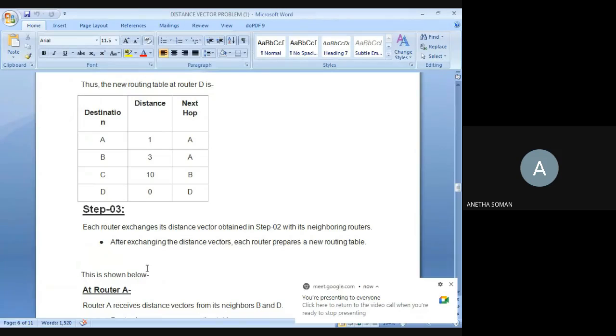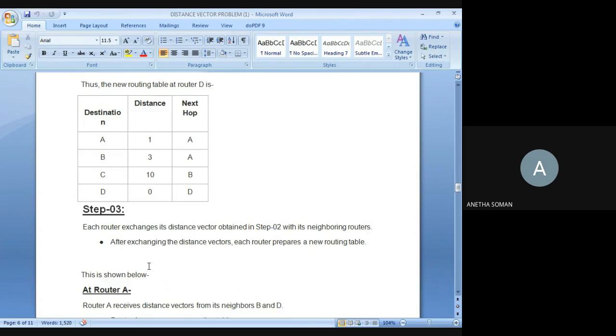See the diagram and tell me. You have neighbors B and D, right? Now write down the table for router A first.